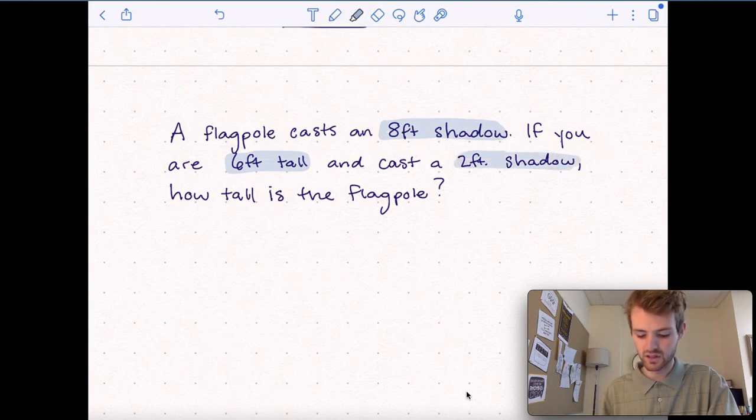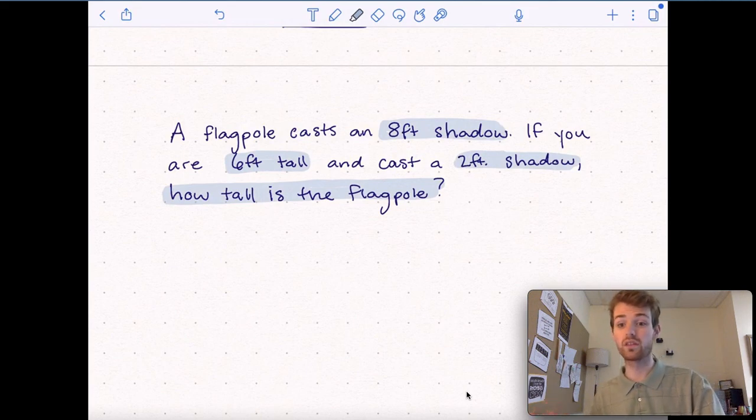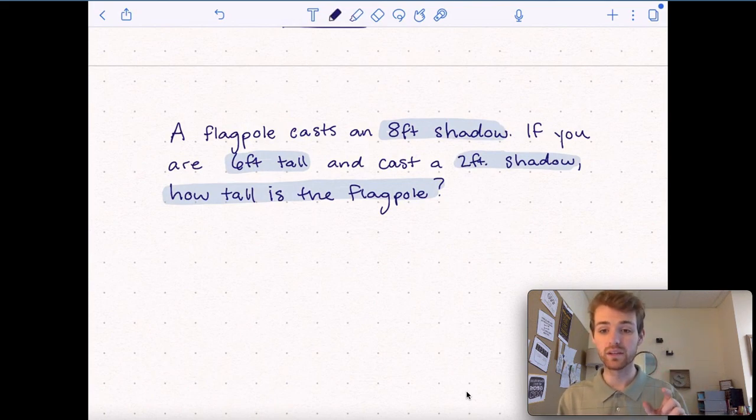And the question being, how tall is the flagpole? So I'm finding my numbers and the labels that go with those numbers: 8-foot shadow, 6 feet tall, so on and so forth. This is going to help me create my proportion.